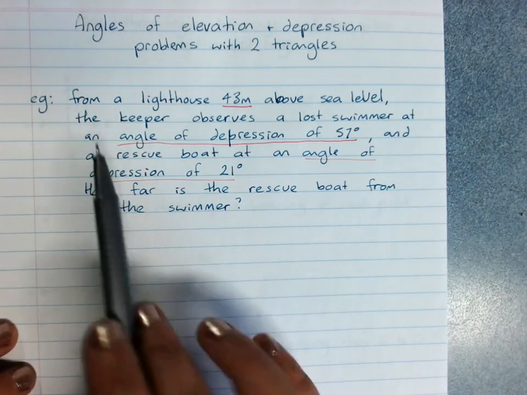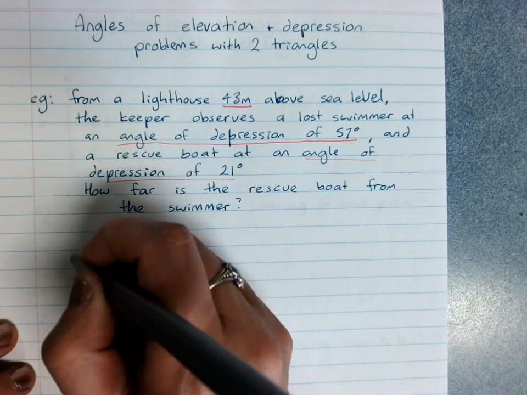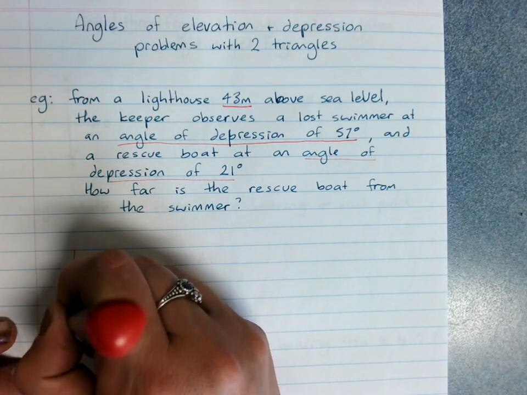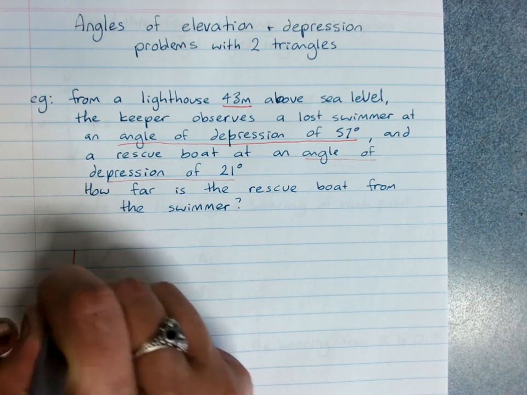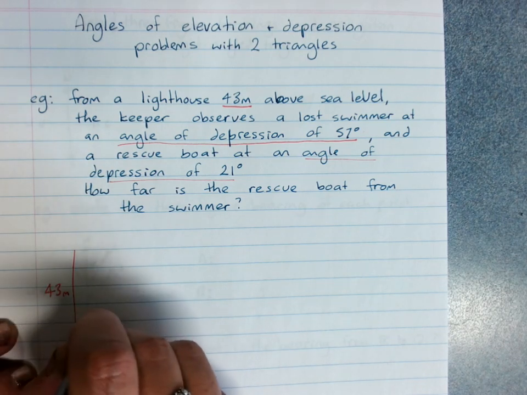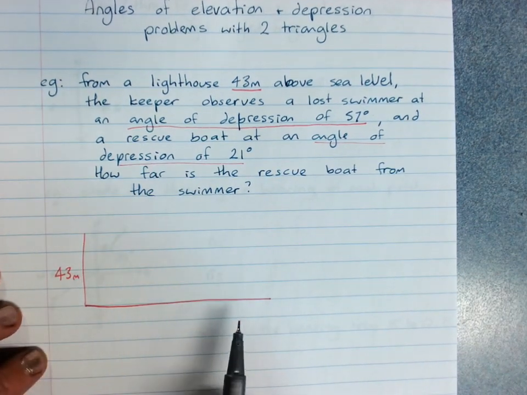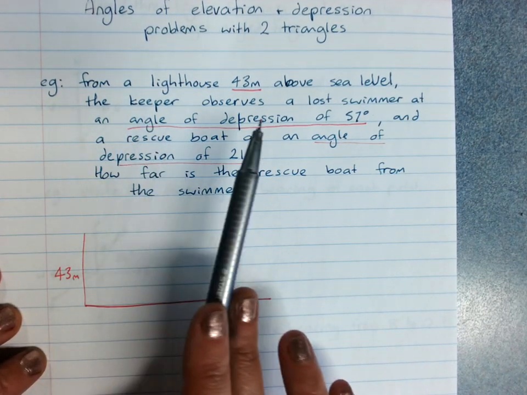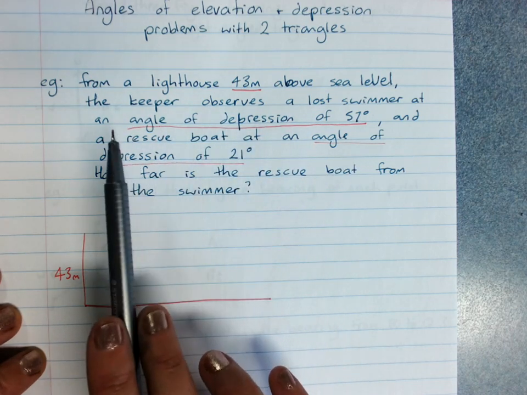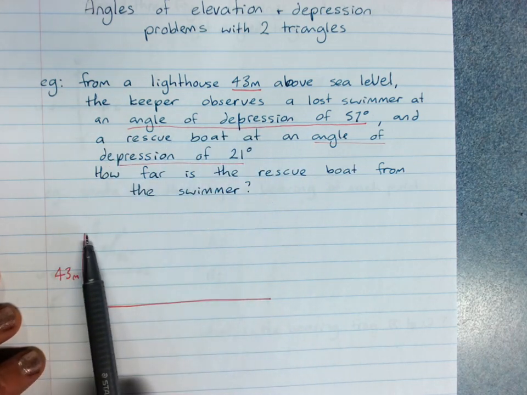So start with your diagram. Here is your lighthouse, 43 meters above sea level, and here is sea level. Keep it nice and simple. The keeper observes a lost swimmer at an angle of depression of 57 degrees.